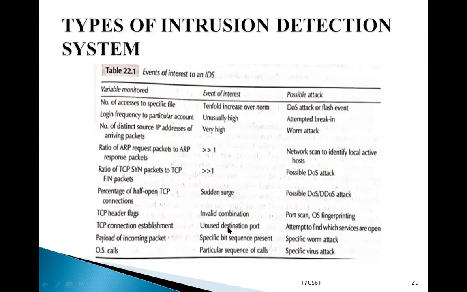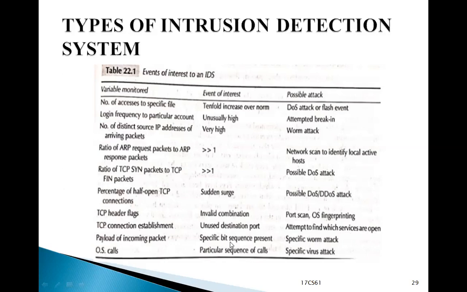And next is TCP connection establishment, that is, an unused destination port. Suppose the TCP connection establishment has any unused destination port as of the previous history, then it is an attempt to find which services are open. Then payload of incoming packet.